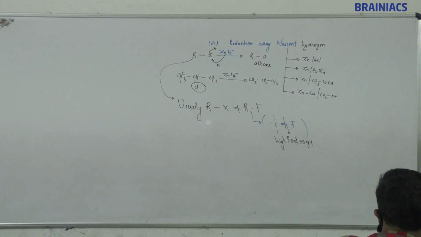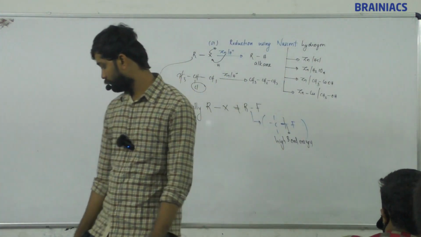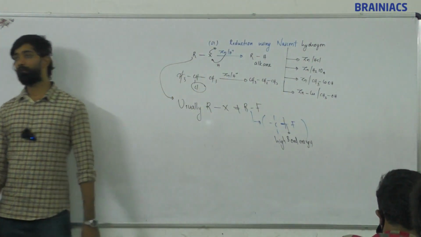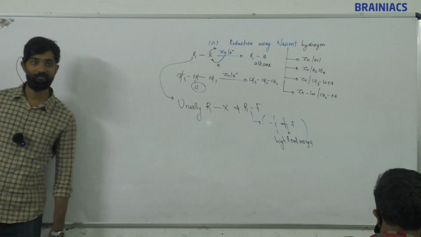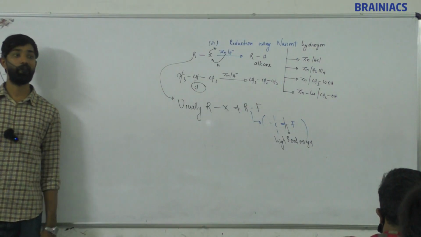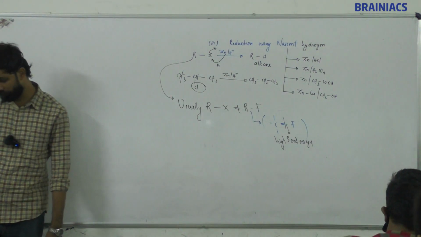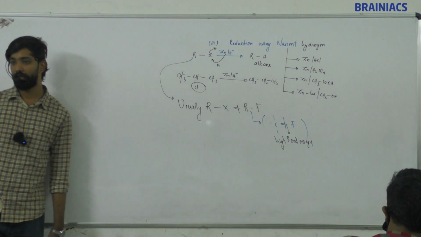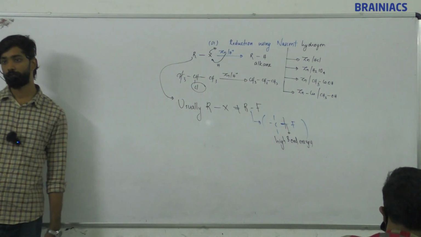Okay. Second method, Method B. By SN reaction, nucleophilic substitution, SN, by SN reaction of hydride ion, H minus. Hydride, H minus.